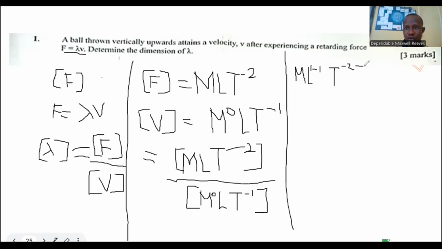So negative 2 plus 1. Simplifying this, we have the dimension of lambda as M to the 1, L to the 0, and T to the minus 1.